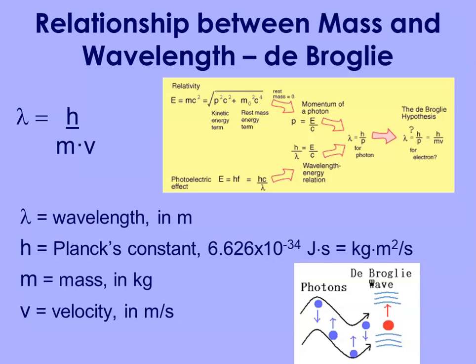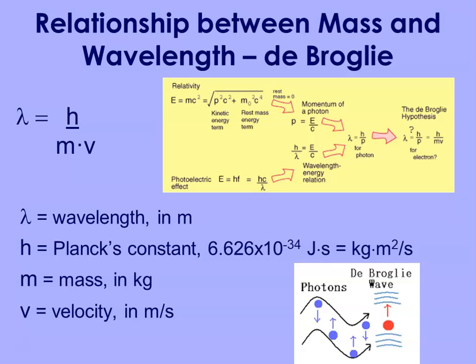So if we can look at mass being related to energy, and we can look at energy being related to wavelength, there should be a relationship between mass and wavelength. And you can see de Broglie's work using the relationship between energy and wavelength, and the relationship between energy and mass, to connect those two ideas together.